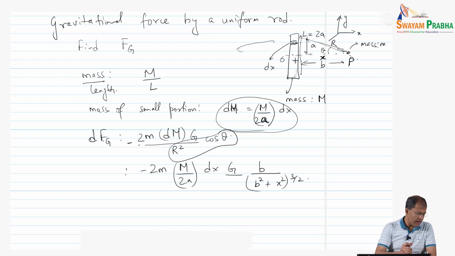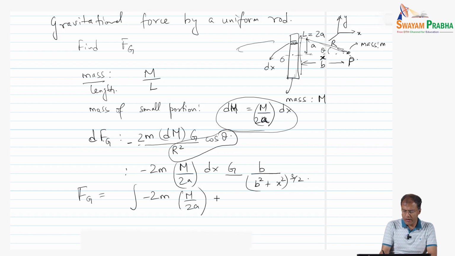So that is the formula. And now to find this gravitational force Fg, we are going to integrate this entire infinitesimal force: M over 2a times g times b times dx divided by b squared plus x squared to the power 3 by 2.